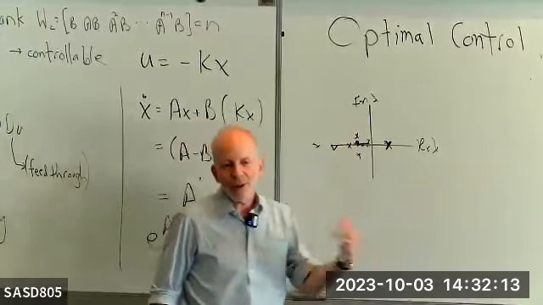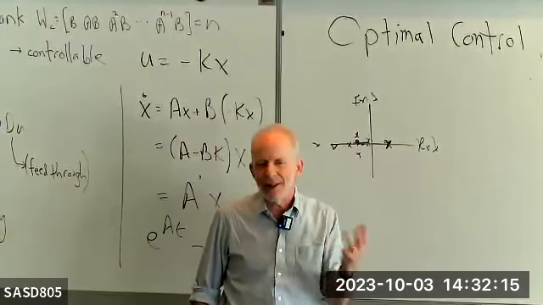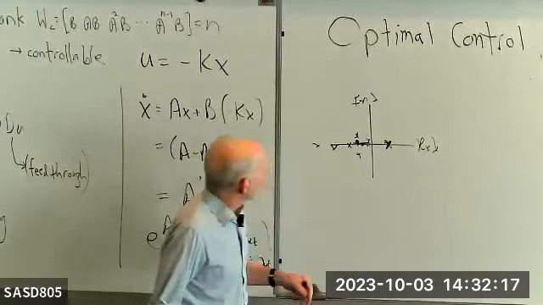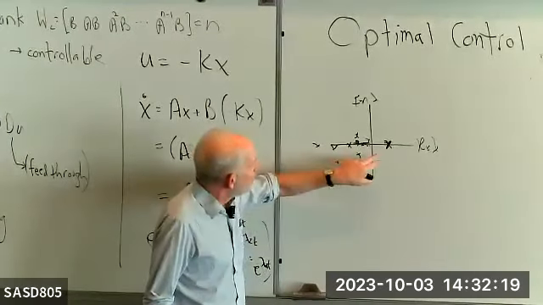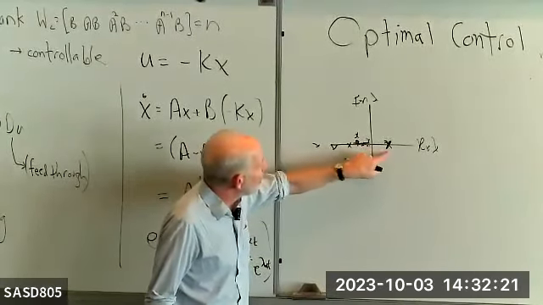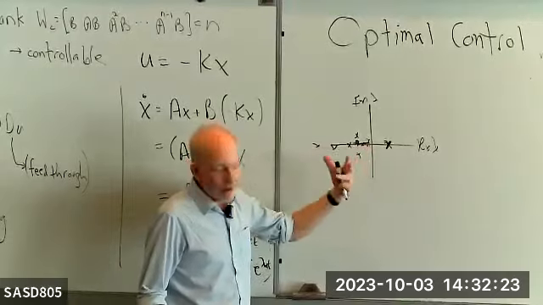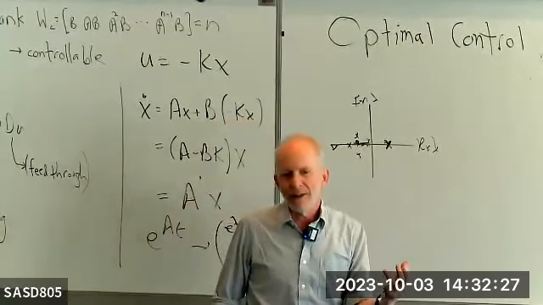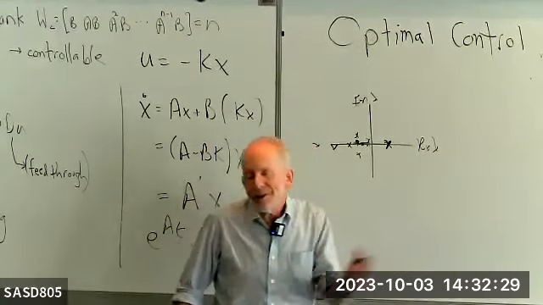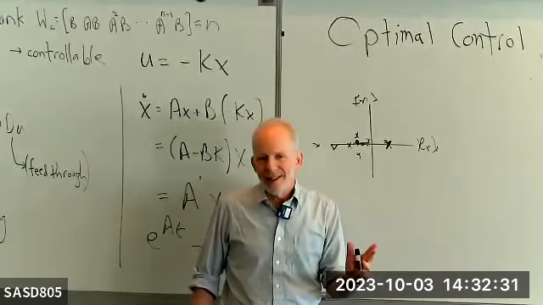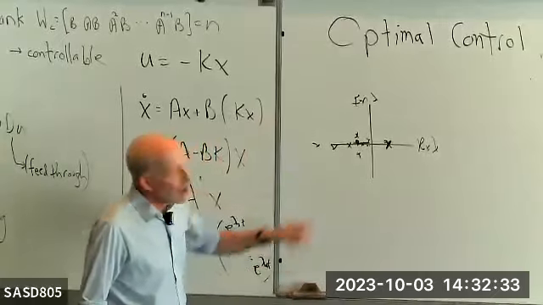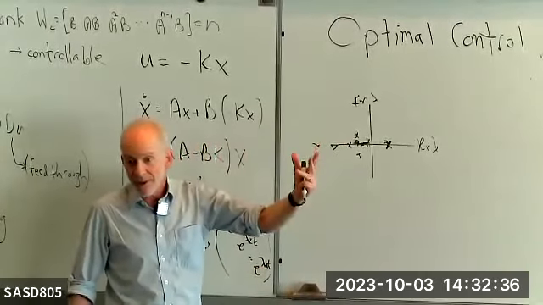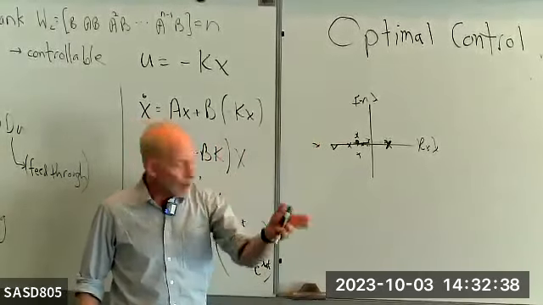That just costs you control effort and won't get you anything useful. So modifying as few of these eigenvalues as little as possible would be one rule of thumb. And often that's not so bad. But I wanted to give another way of doing this, which is different.